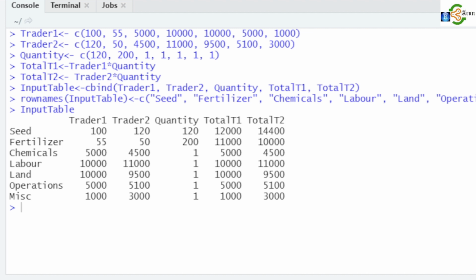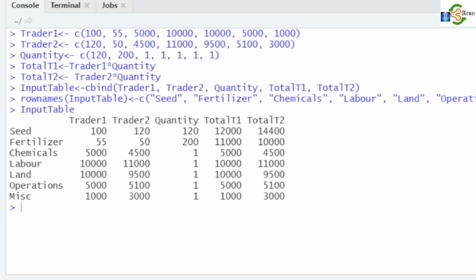We require the same quantity whether we purchase it from trader 1 or trader 2. So the quantity required is the same. And you can see here the associated cost for trader 1 and trader 2. Based on this information, you can choose either trader 1 or trader 2.